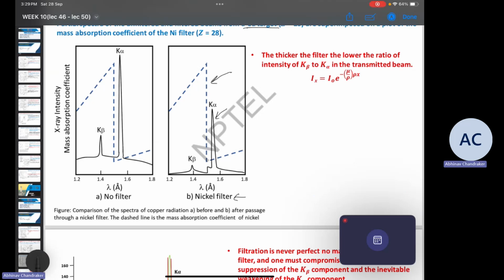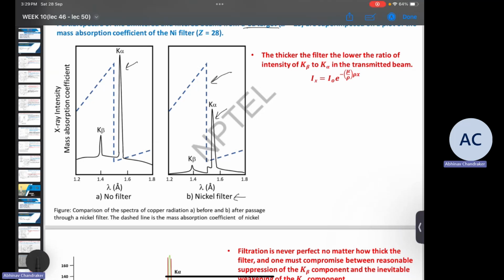So this is the image where we should look. As a result, all the X-rays having wavelength less than the absorption edge will get highly absorbed, while those having wavelengths more than the absorption edge will not get absorbed to that extent.